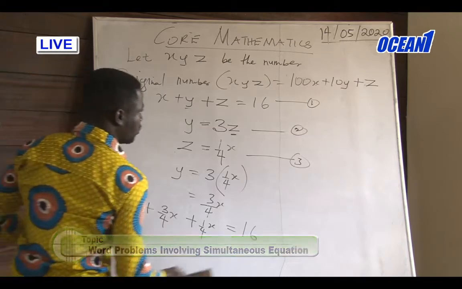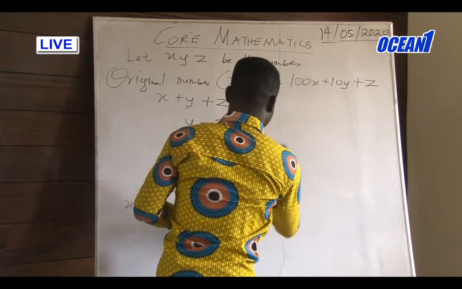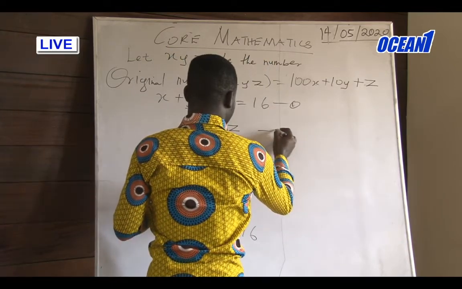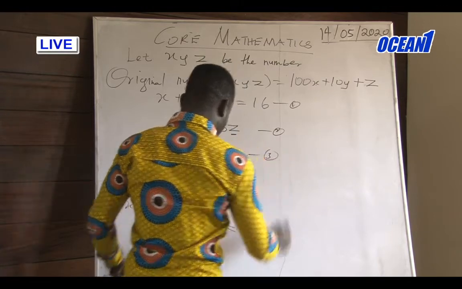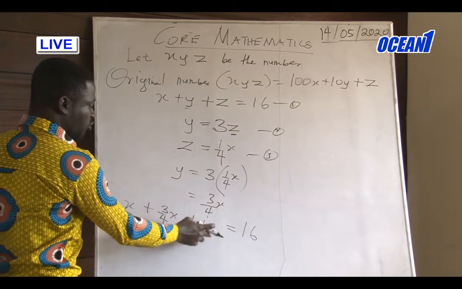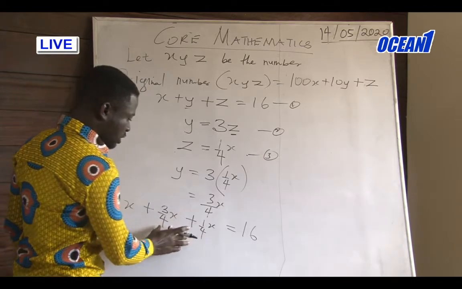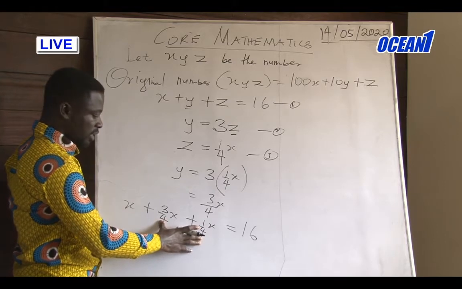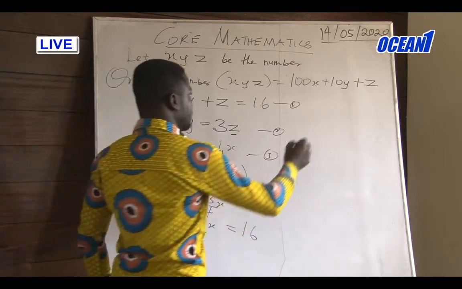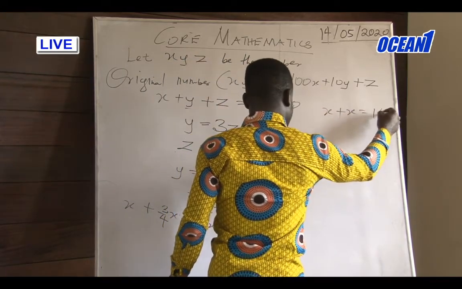Now, how do you find the value of x? We have x throughout: x, 3 over 4x, 1 over 4x. 3 over 4x plus 1 over 4x is a fraction with a common denominator. So 3 plus 1 is 4, divided by 4 is 1. So you have x plus another x, which is 16.